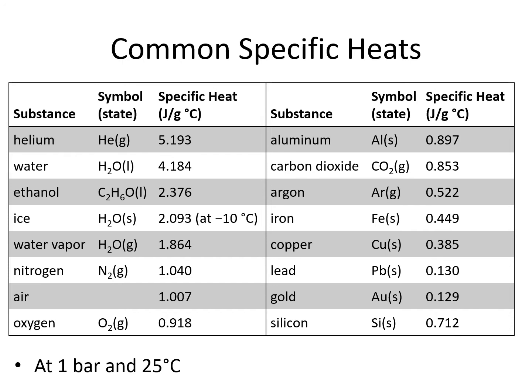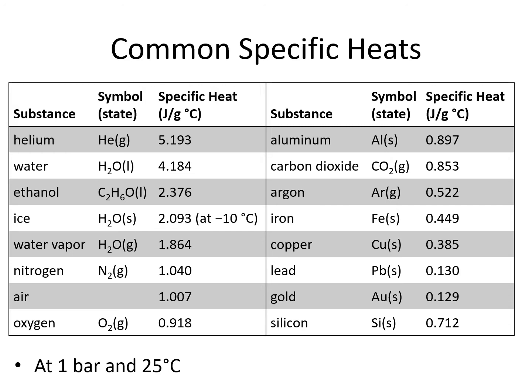So this is in your slides for you to reference back to as you're doing your homework problems. There are a variety of different specific heats listed in there. Some of them are just single elements like helium. Some of them are compounds like water. But each pure substance has its own specific heat that's associated with it.